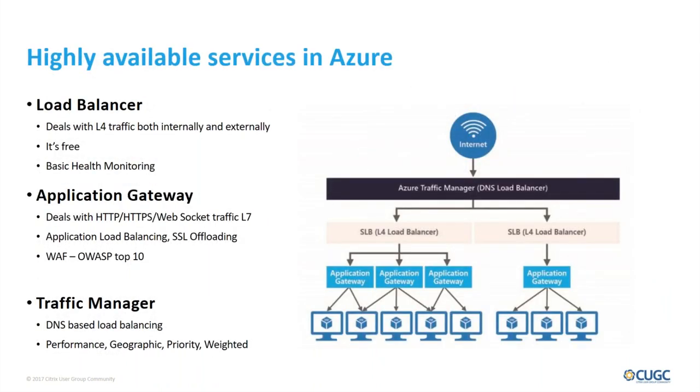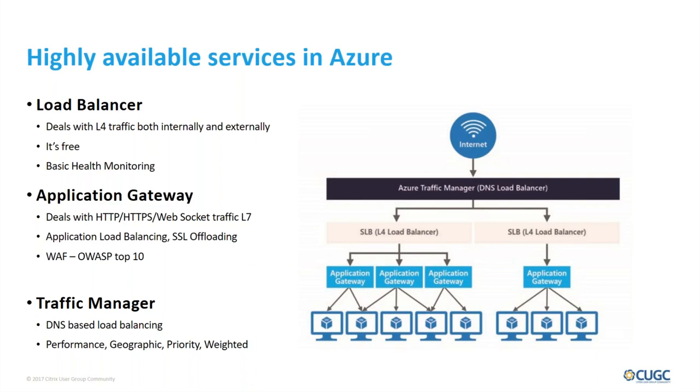Dave? So moving on to the highly available services that are native to Microsoft Azure, there are three main options we want to cover here. The first being a load balancer. It deals with layer 4 traffic both externally and internally.